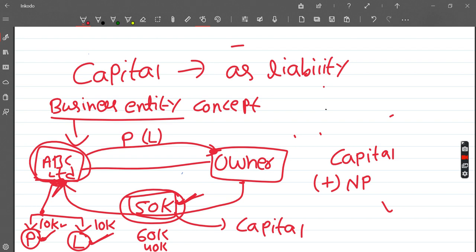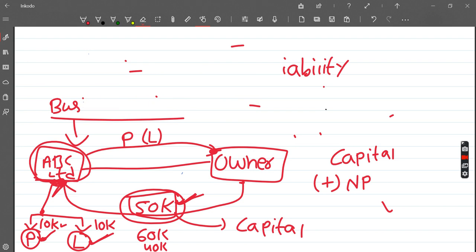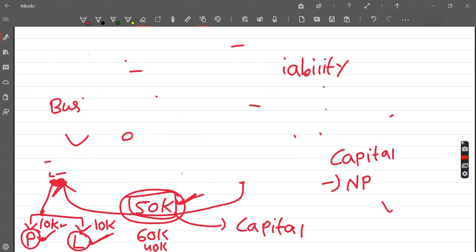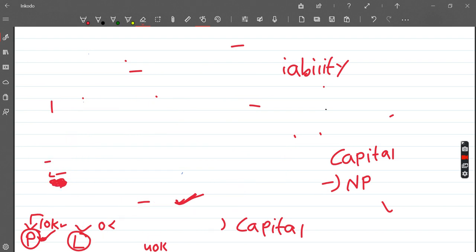So what will be the general entry when the owner contributes capital to the business? Let's write a general entry.